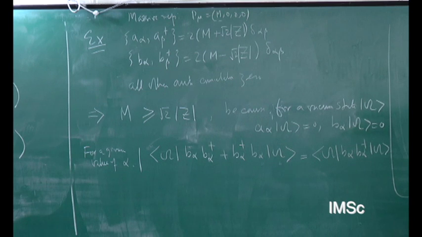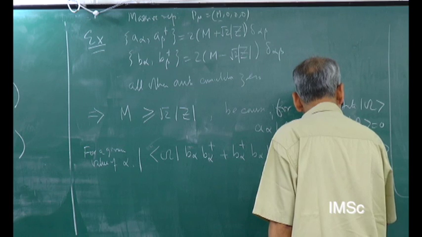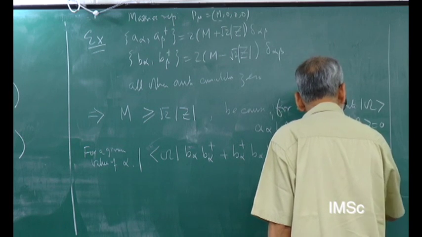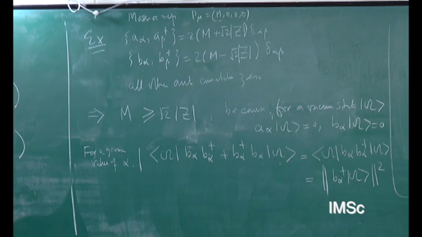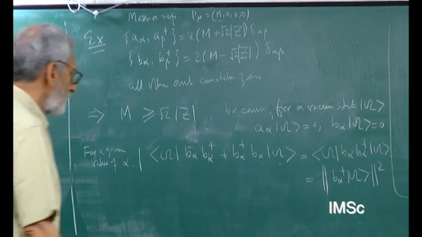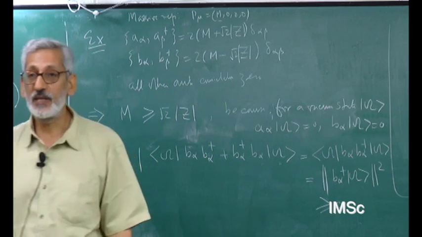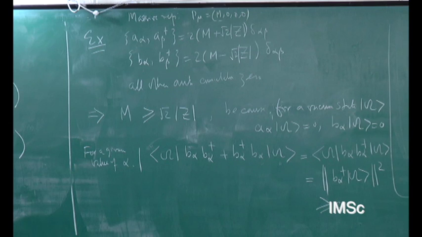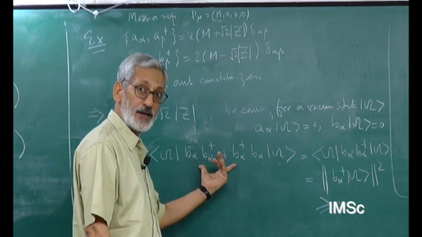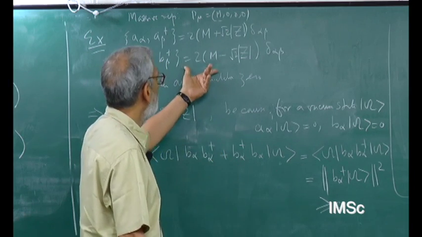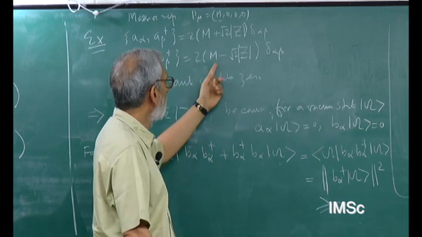Is that clear? And that gives me the norm squared of the state B alpha dagger on omega. Therefore, this is positive, or at worst it's 0. But what is on the left hand side? This object. Use the algebra. Take the same value, 1 1, that's this.